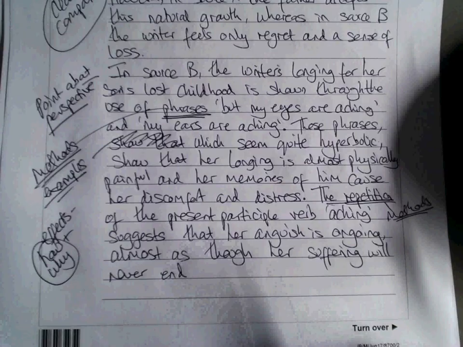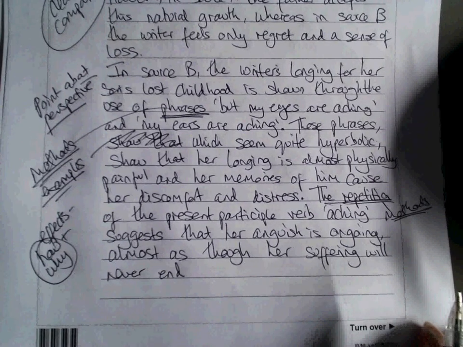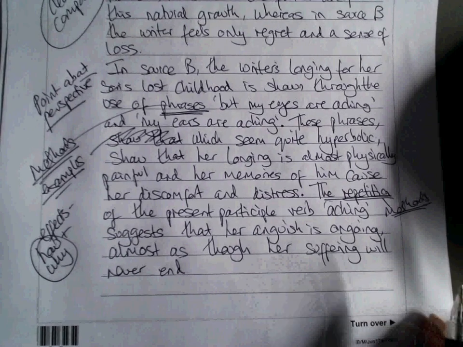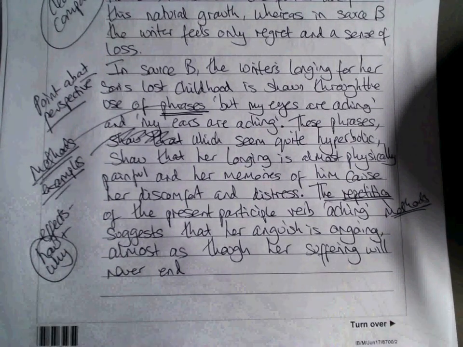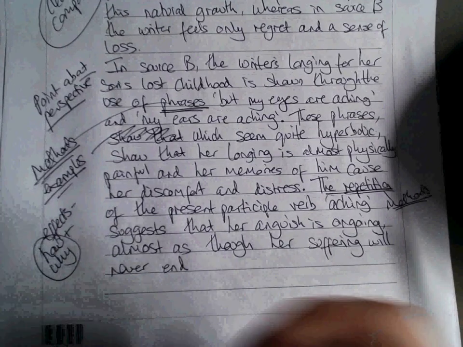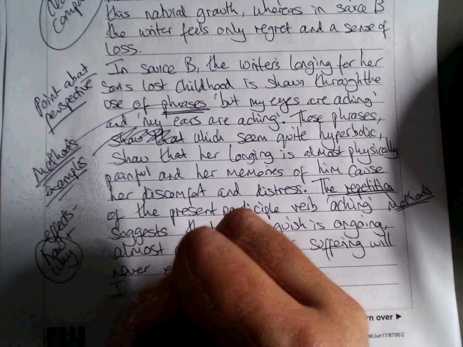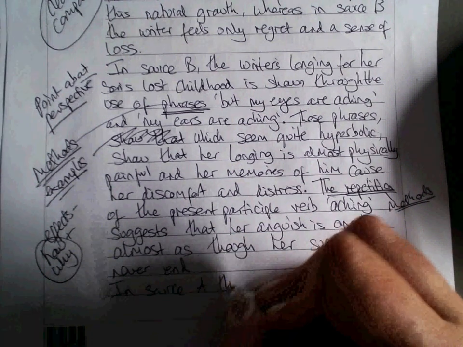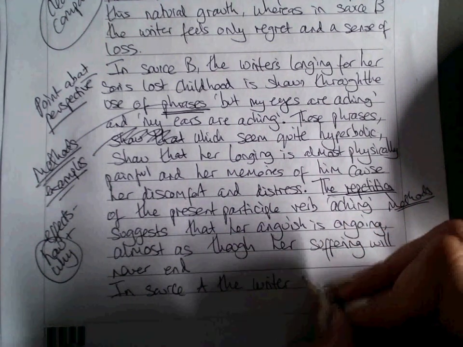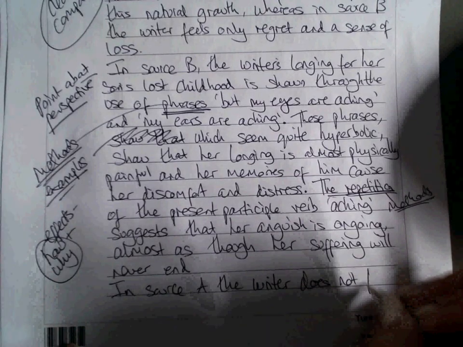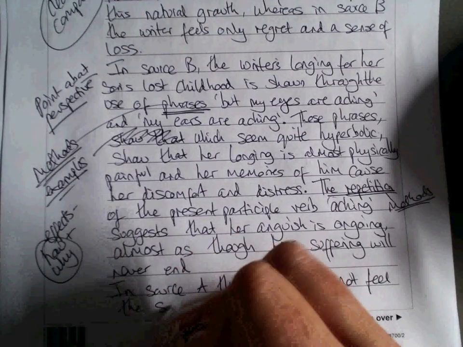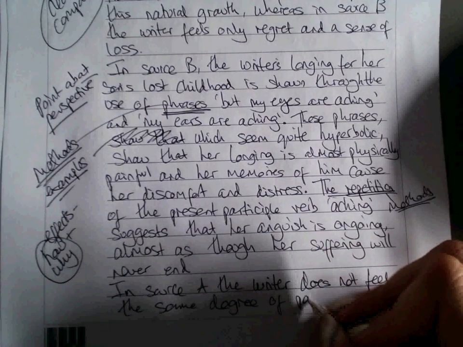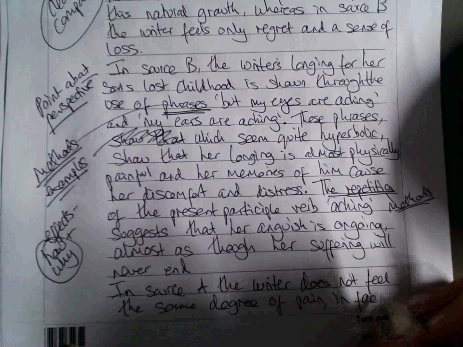I am aware that this video is getting a bit long, probably longer than you want, particularly as many of you watching are right in the midst of exams. So how I would bridge into my next point is that I would simply say, in source A, the writer does not feel the same degree of pain.